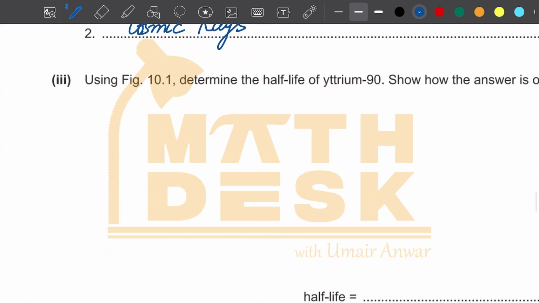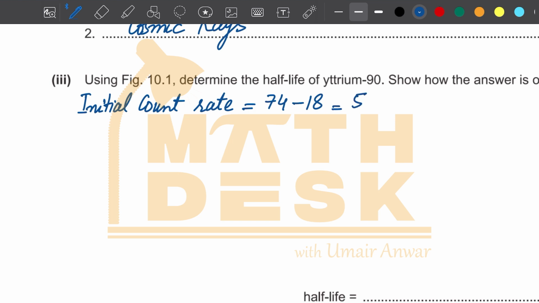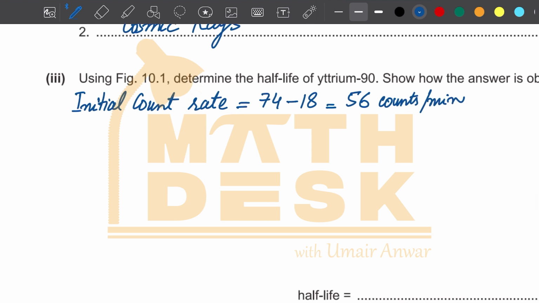So I'm writing here first the initial count rate. When we subtract the average background radiation, it is 56 counts per minute. Now the next thing is, we know that after one half-life the count rate is going to decrease by half.